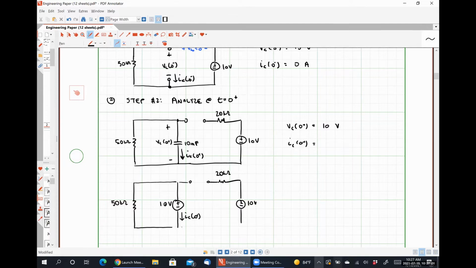The only change that I've made is I'm replacing my capacitor with an electrically equivalent independent voltage source at this one specific instant in time. So with that in mind, how could I go about determining that quantity IC at 0 plus?